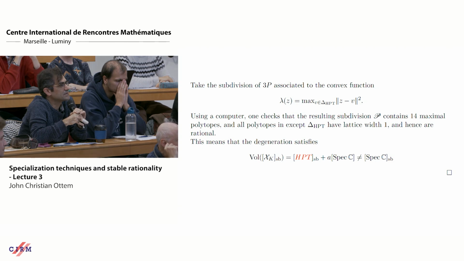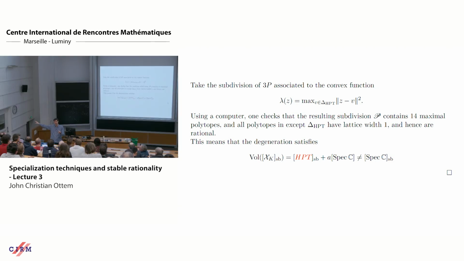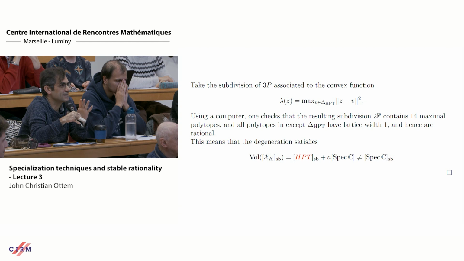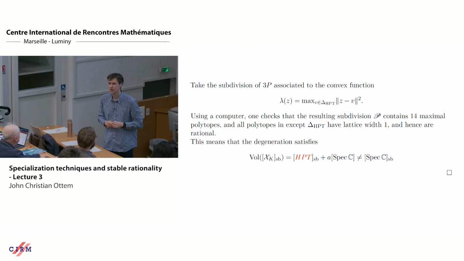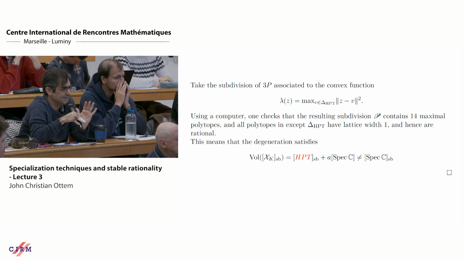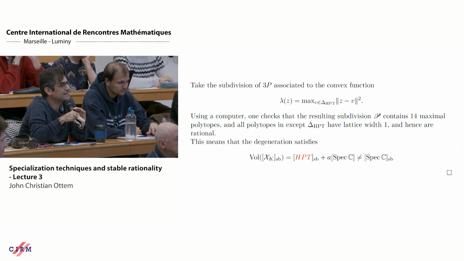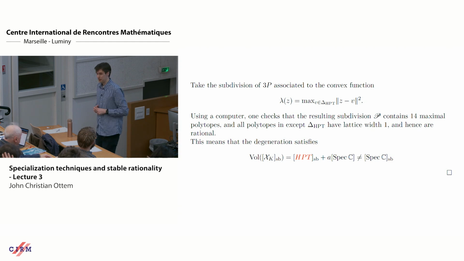I think you can have arbitrarily long polytopes with lattice width 1, but those are rational. So you want finitely many irrational polytopes which determine rationality in each dimension, in the sense of having a section.